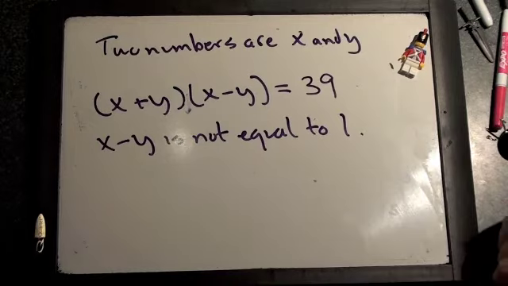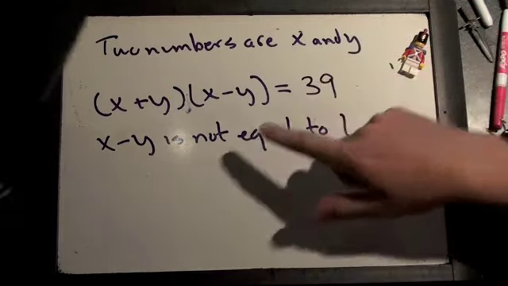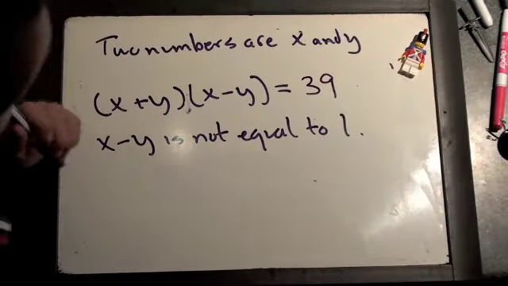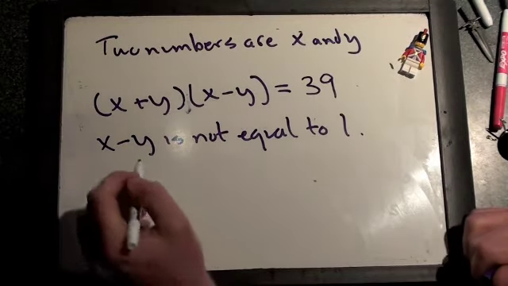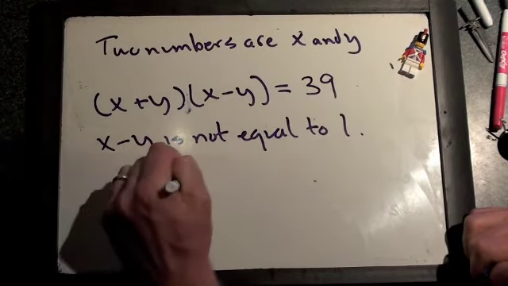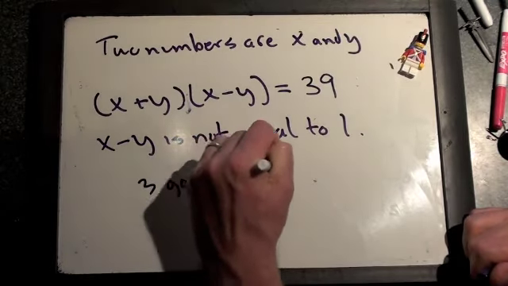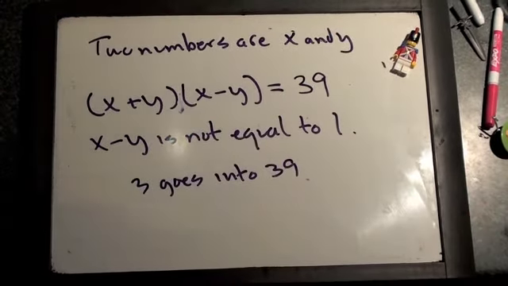If these are going to be whole numbers multiplied together, we have to figure out which whole numbers go into 39. Do you know of any numbers? Yeah, 3 goes into 39. Any other numbers?